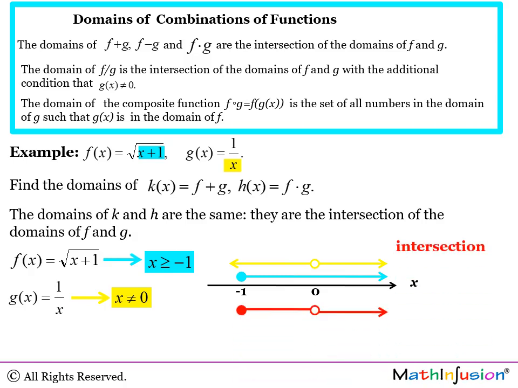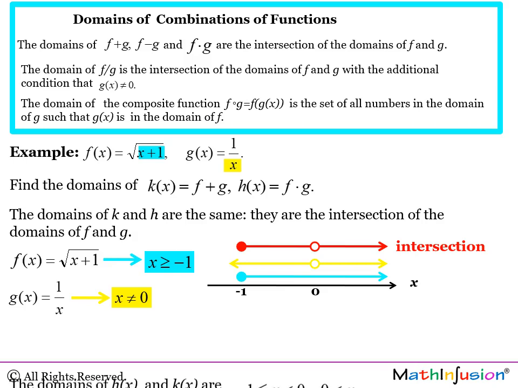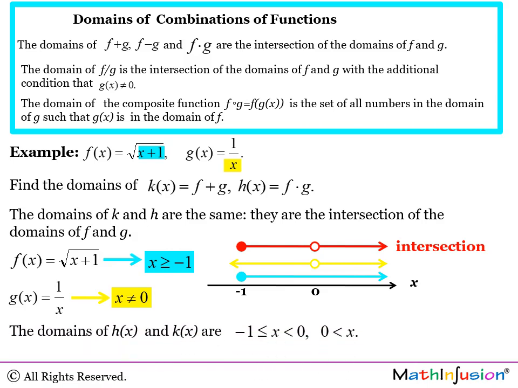When we look at the intersection, we get this. So we get everything that is greater than or equal to -1 but cannot be 0. It means that the domain of both of those functions is when x is greater than or equal to -1 and less than 0, and when x is more than 0.